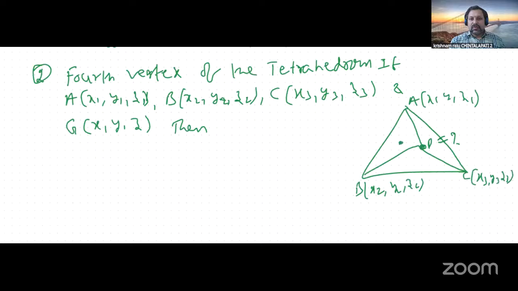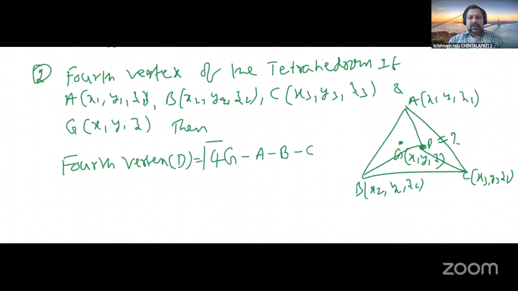Now I want the fourth vertex D. The fourth vertex D can be represented as 4G minus A minus B minus C. So this is the formula. Got it? If you want the third vertex, it is 3G minus A minus B. If you want the fourth vertex of a tetrahedron, it is 4G minus A minus B minus C.